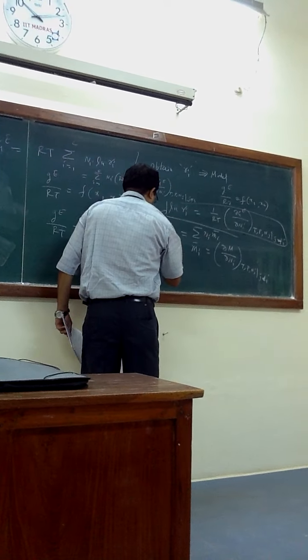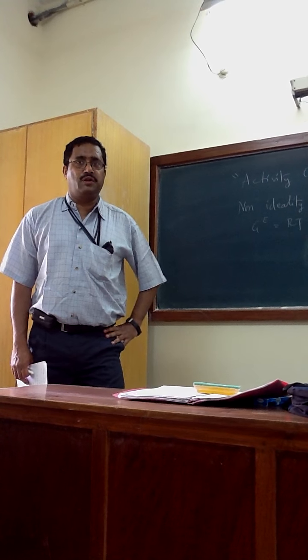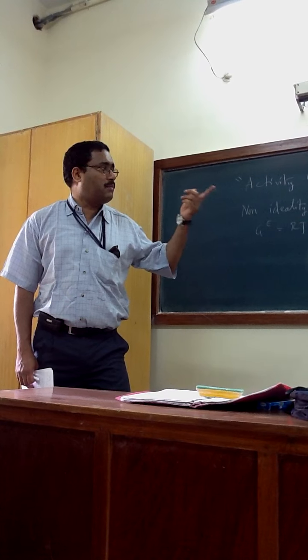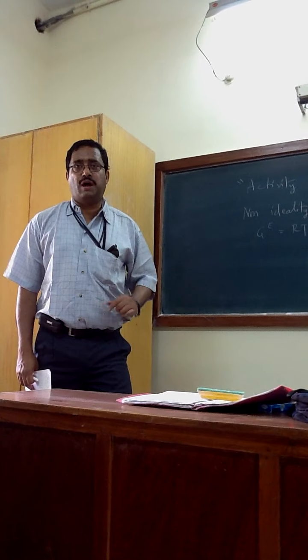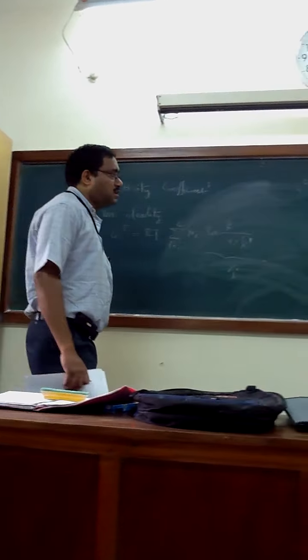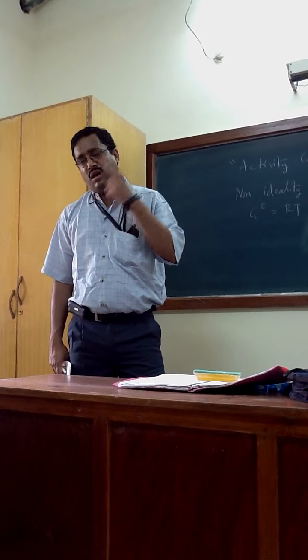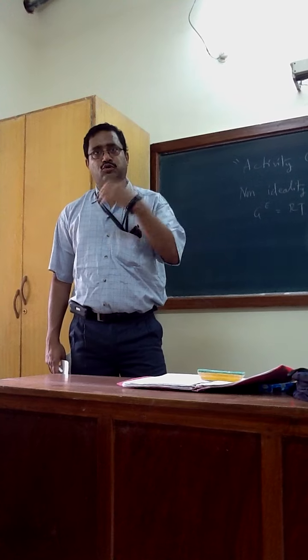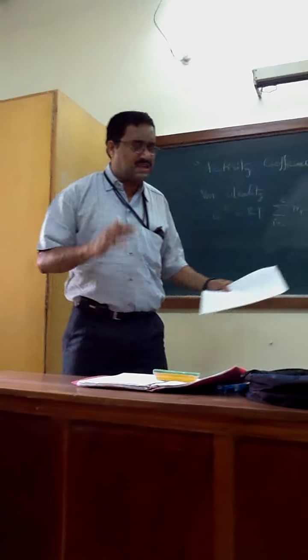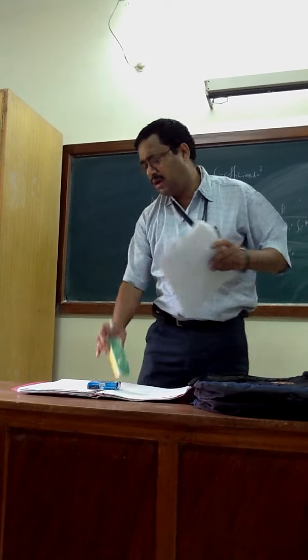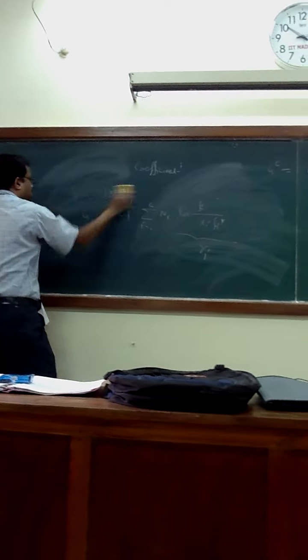Once the GE by RT form is obtained, you use the partial molar excess property: ln gamma i equals 1 by RT dou GE by dou Ni at constant T, P and Nj. That equation itself will give you gamma 1. Gamma 2 you can also get with the same equation, but we have an alternative option, the Gibbs-Duhem formula. So that's the philosophical perspective for the activity coefficient models.